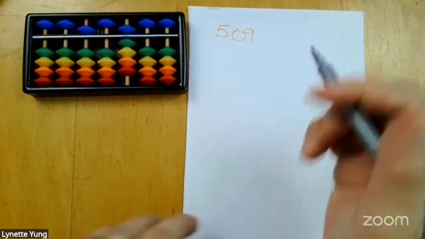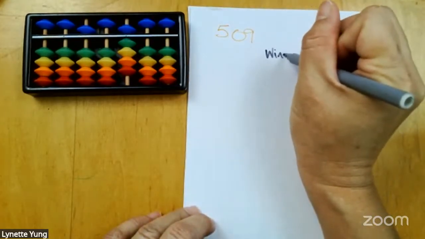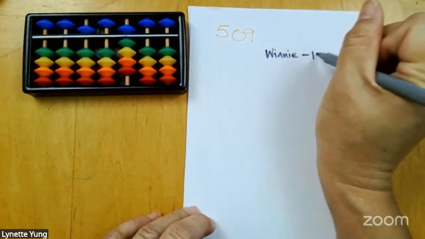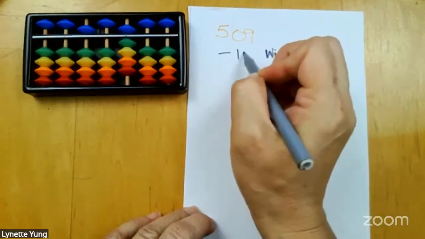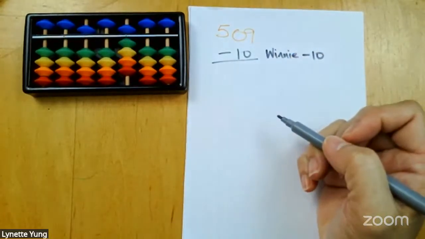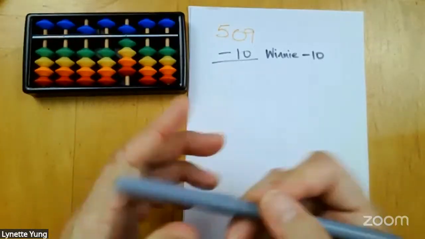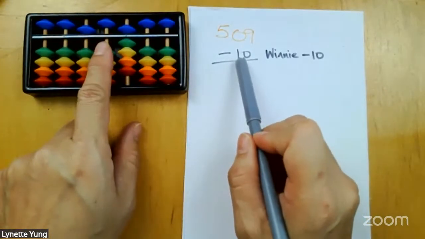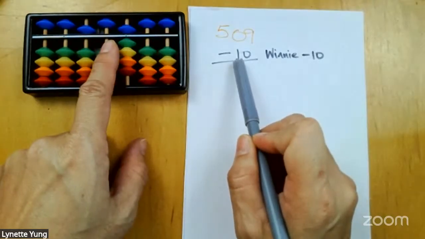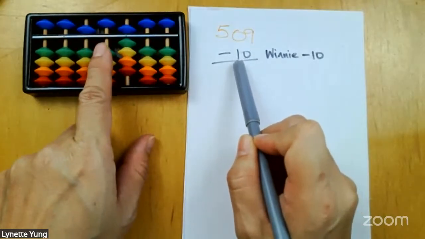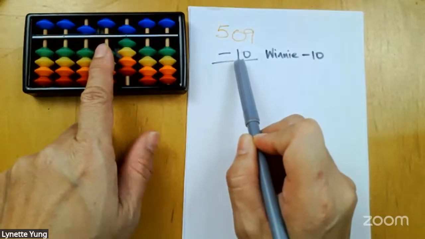If Winnie's number is 10 less, what are we doing here? We're subtracting. So we minus the 10, minus 1. Notice it's 1, 0. We want to minus the 1. He's doing it. How do you minus the 1?